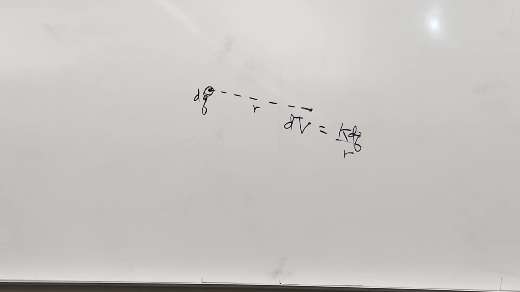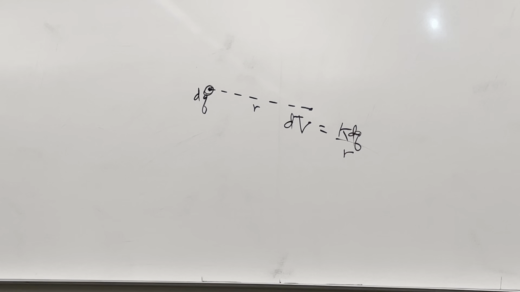What I want is the electric potential there generated by all of the charge. So I need to add the contribution from the next dq, and then the next dq, and then the next dq, all the way around the ring. That's what an integral does for you. An integral does that sum.